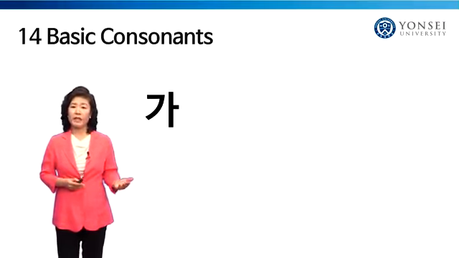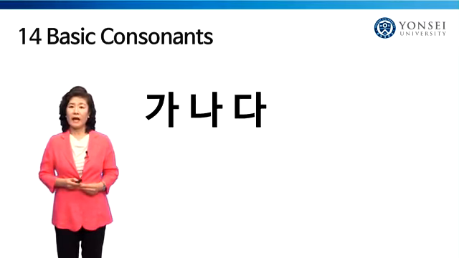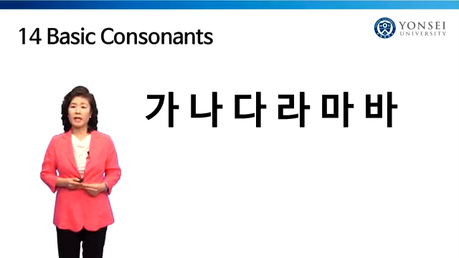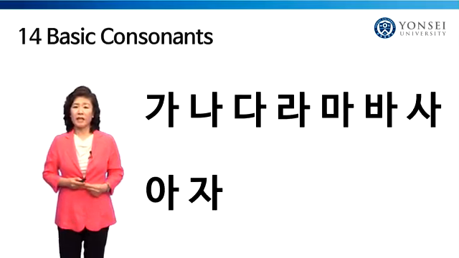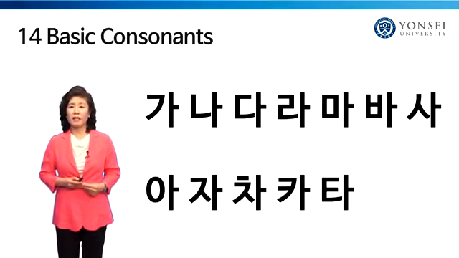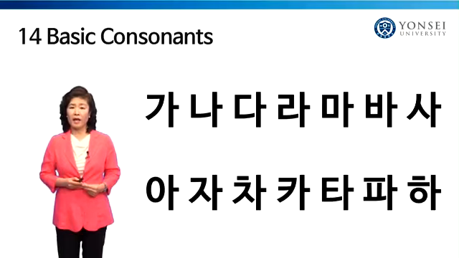Repeat after me. 가, 나, 다, 라, 마, 파, 사, 아, 자, 차, 카, 타, 파, 하. Well done! This is the order of the letters in the dictionary, so it will be very helpful to memorize it.